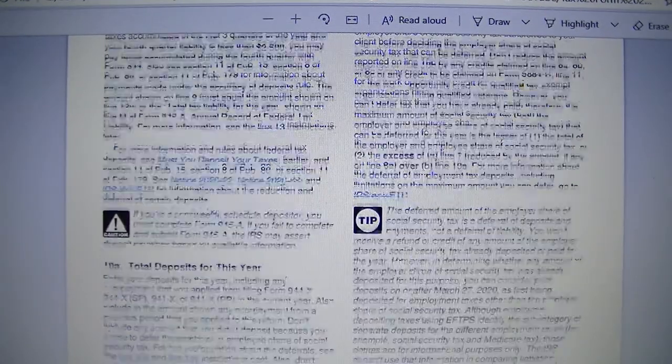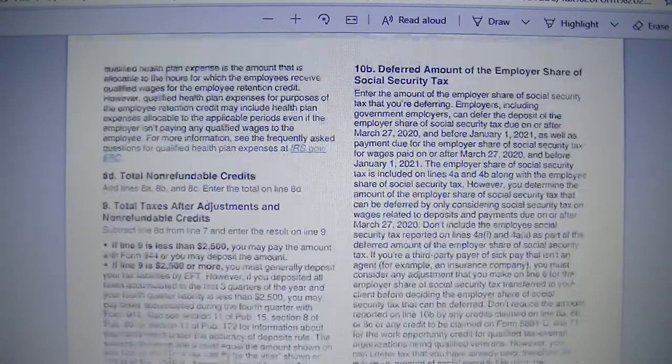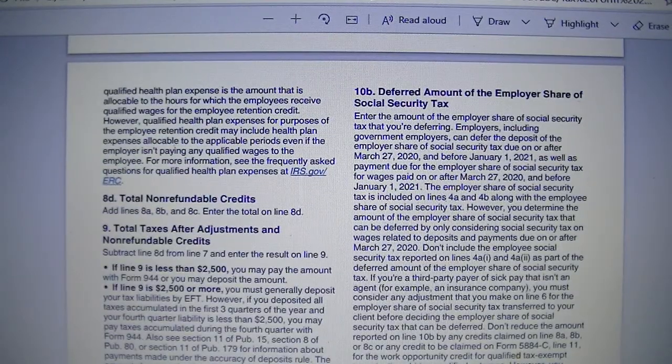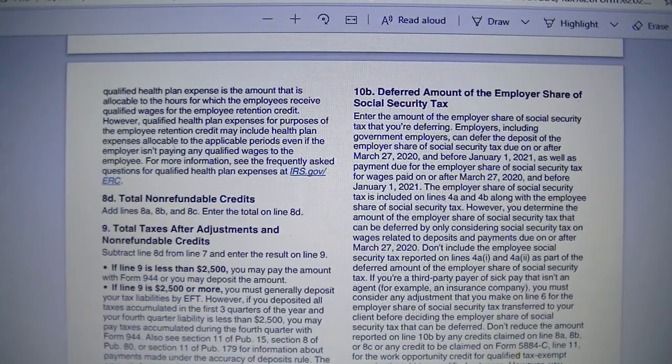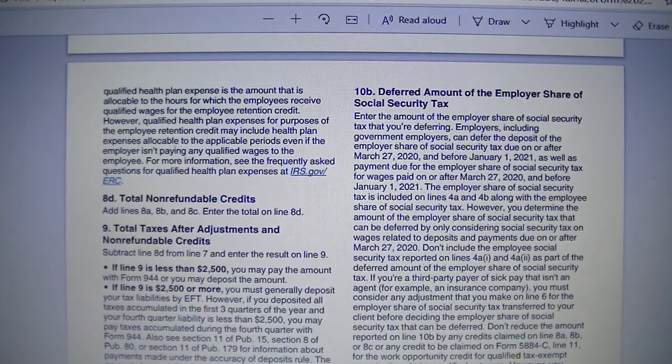The instructions are on page 13 of the 2020 Instructions for Form 944, and they are on our blog under free download, with the link to access the Form 944 for 2020 and the 2020 Instructions for Form 944. You don't need to log in or subscribe to access them under free download. It will take you to the IRS page where they are, and you'll be able to download them to your computer.